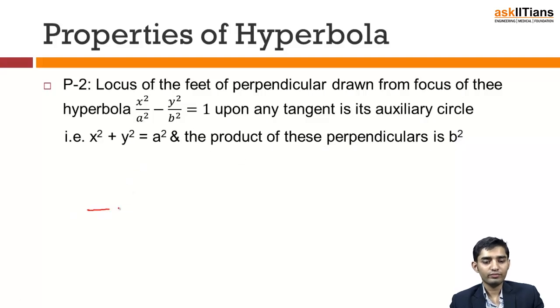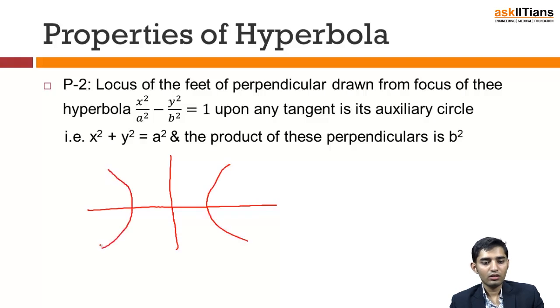So suppose this is my hyperbola. If this is my hyperbola and these are the focus, right? So locus of foot of perpendiculars drawn from the focus, right? So suppose this is tangent at any point. This is the tangent at any point, and if I draw perpendiculars from the focus, right?